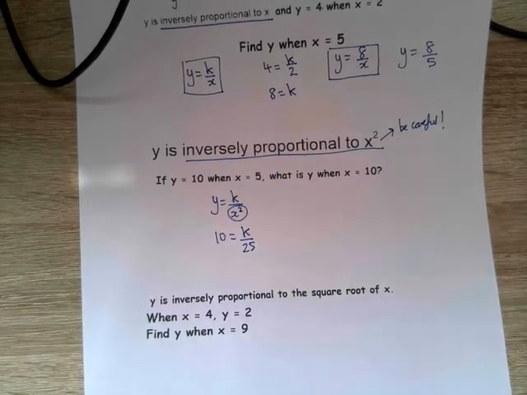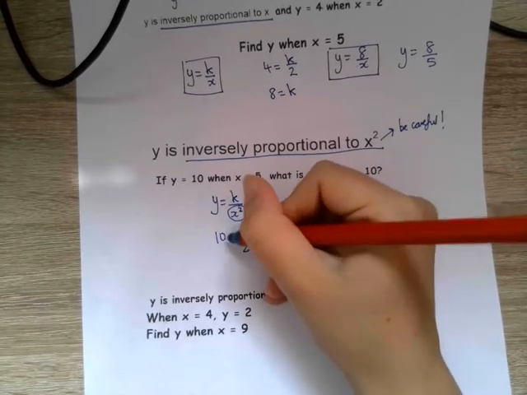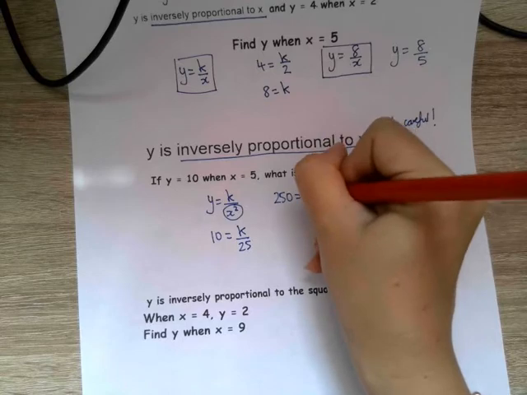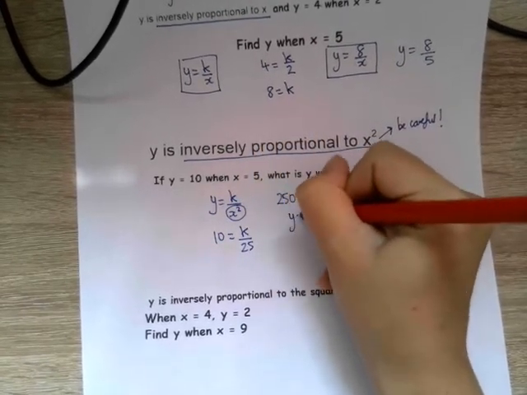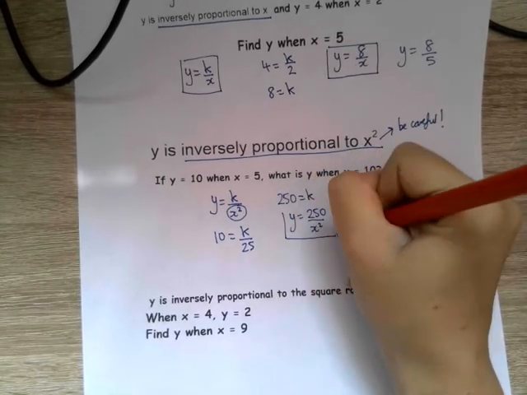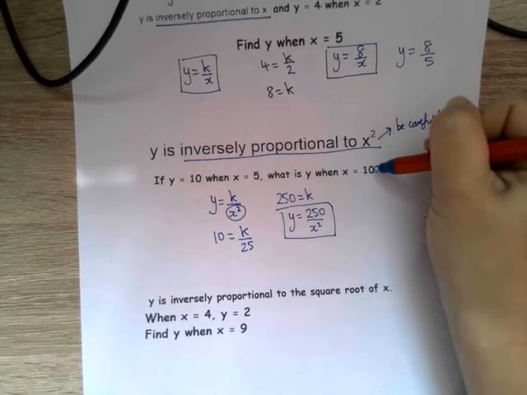So now to get k, remember that means divide by 25. So I need to times by 25. And 10 times 25 is 250. So as soon as you get that value of k, stick it back into that very first line we wrote down. So y equals 250 over x squared. So that's our equation. I now need to work out y when x equals 10.